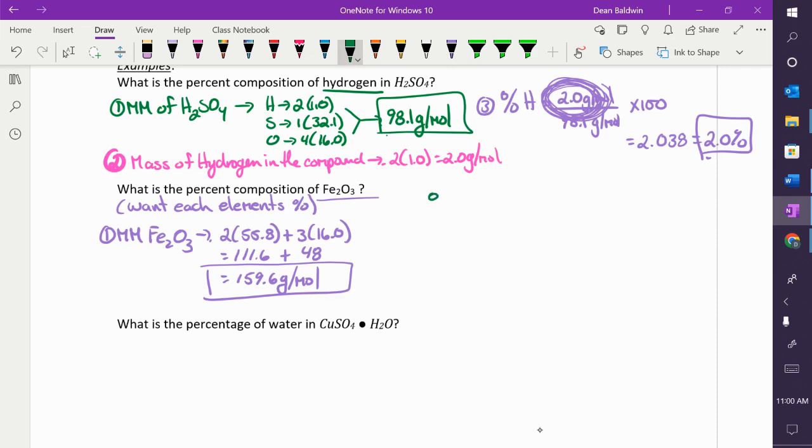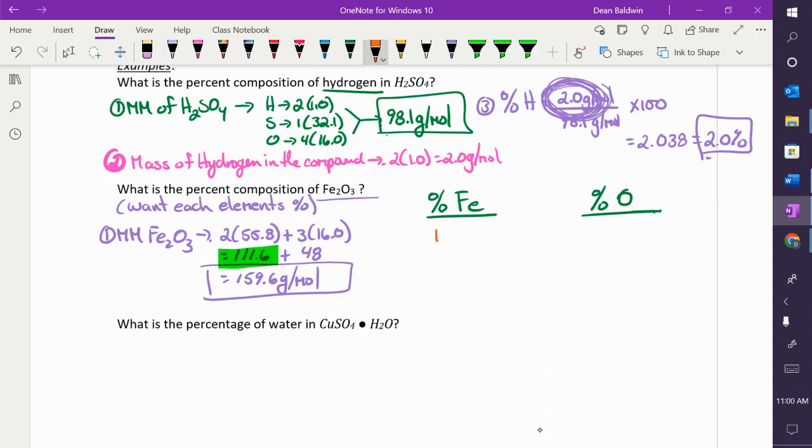Okay, so percent iron, percent oxygen. How much iron is in 1 mole of this substance? That's the 111.6, right?